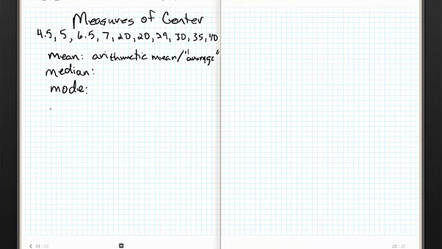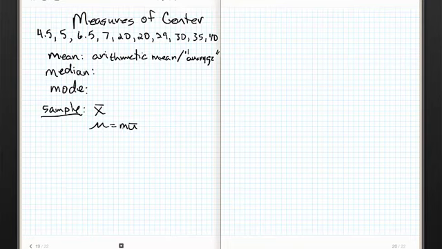Okay, so let's talk about the mean. First thing we need is the notation. The mean for a sample is referred to as x bar. If we're talking about a population, it's mu, okay? And this is referred to not as moo like a cow, but mu.